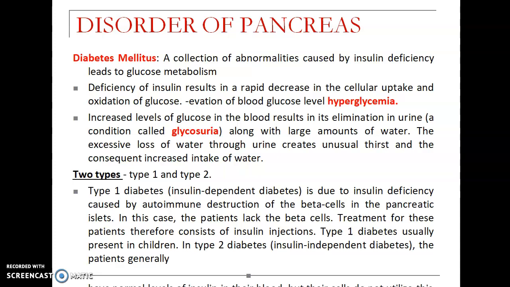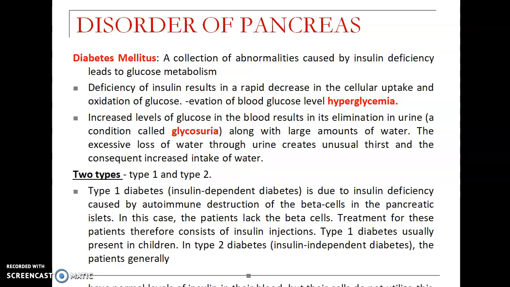Insulin deficiency results in a rapid decrease of cellular uptake of glucose, and also of the oxidation of glucose and its conversion into glycogen. If glucose is not taken from the blood and not utilized by the cell, that gradually leads to an elevated blood glucose level, and I call this condition hyperglycemia.